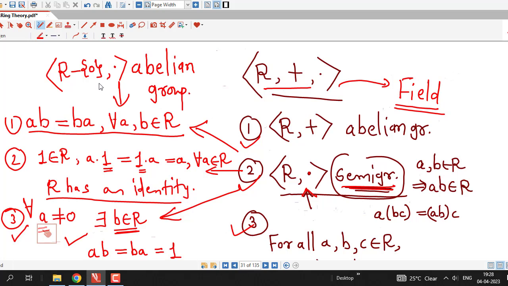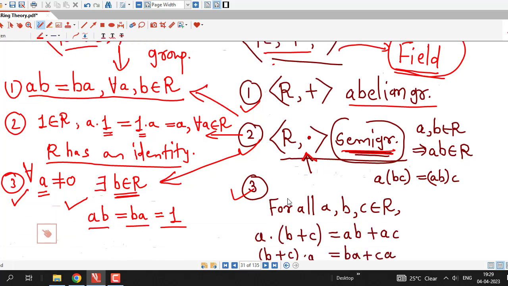So if R minus 0 with multiplication operation is also an abelian group, then ring R becomes a field. So we can consider the definition of a field in this way also, that R with addition operation is an abelian group, R minus 0 with multiplication operation is also an abelian group, and this distributive property.